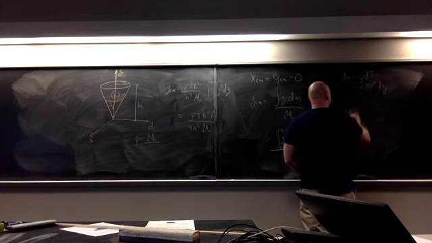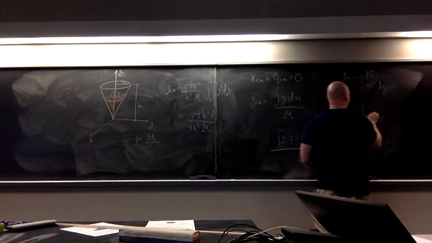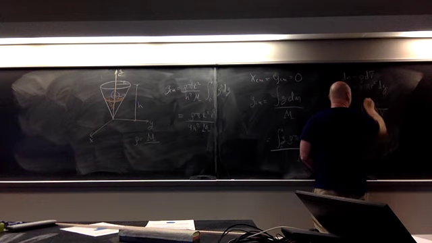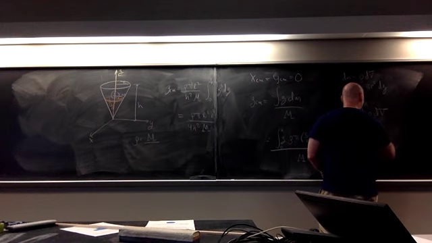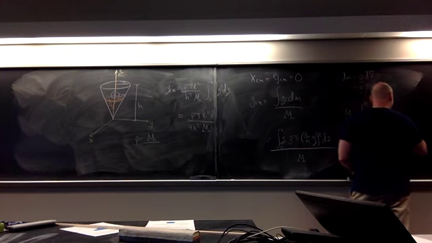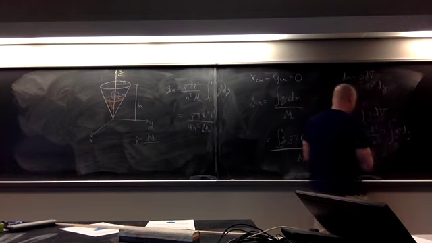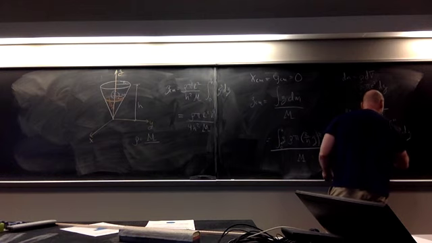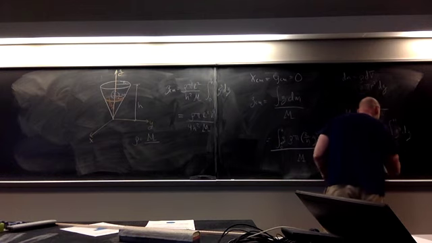The total mass is equal to the integral of dm, which is rho times dV, from 0 to h. That is the same thing as rho times R squared divided by h squared times pi, integral of z squared dz from 0 to h. So it's the same thing as rho R squared pi h cubed divided by 3 times h squared.